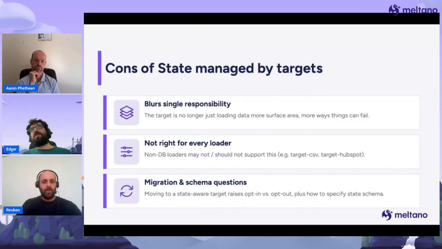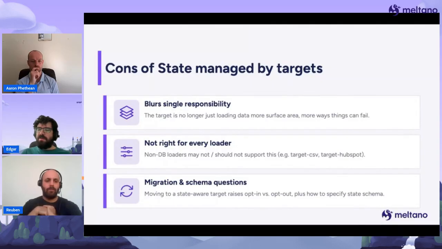I think the problem with the second approach, you're loading into S3 but using target Postgres to save state, is that you now have to make the target Postgres configuration available in the context of target S3. Of target S3, yeah.